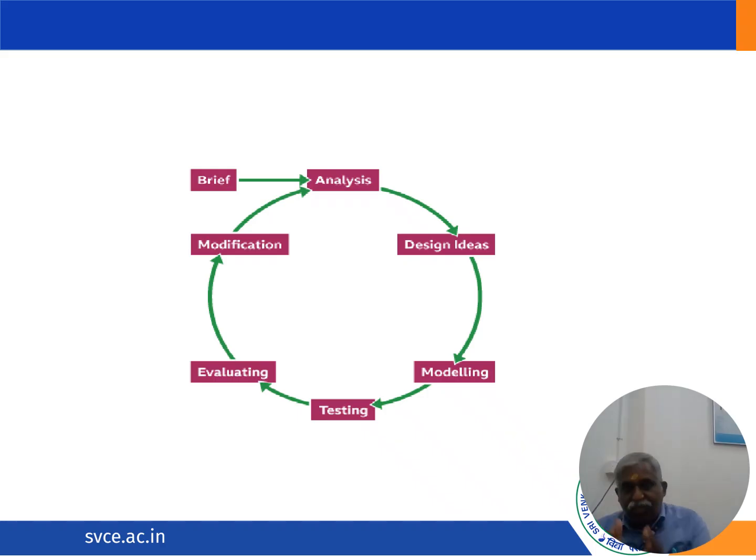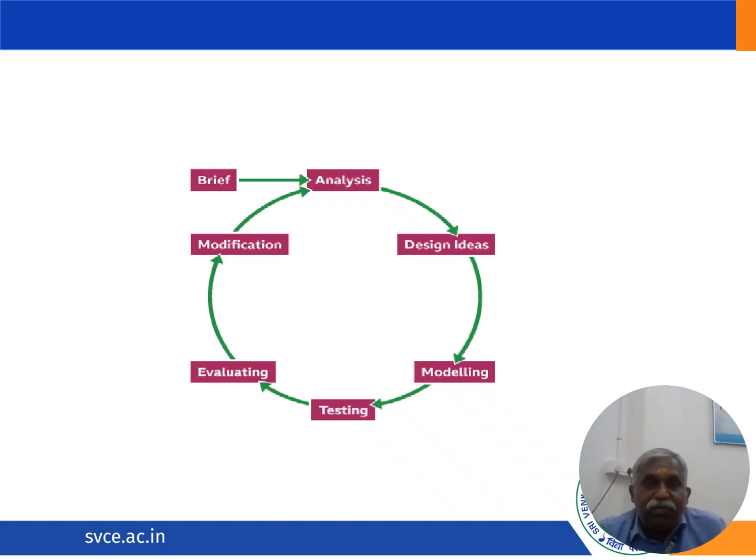If it is not solved, what is the solution for that problem? Adding something, modifying something, we go for analysis, then once again come to design ideas. The cyclic process starts from design idea and ends with the analysis. We are continuously improving, Kaizen, continuous improvement.